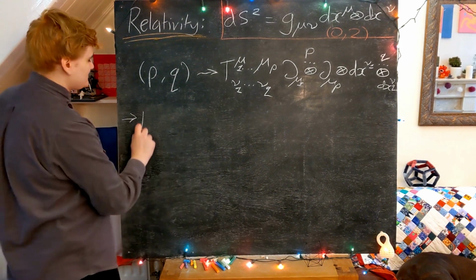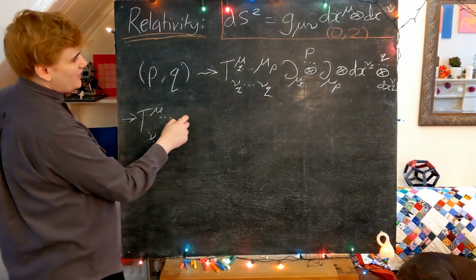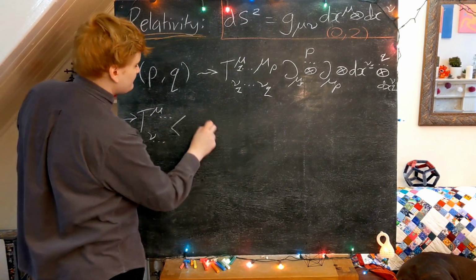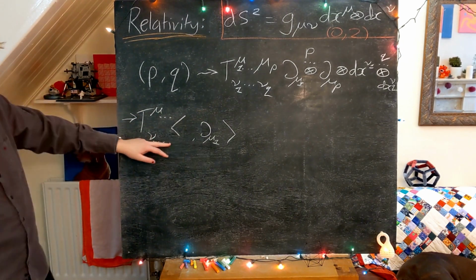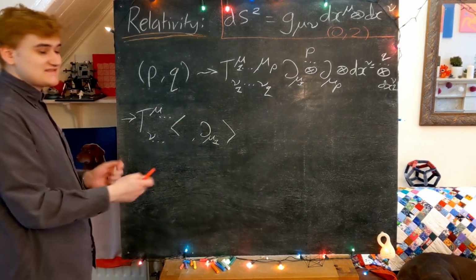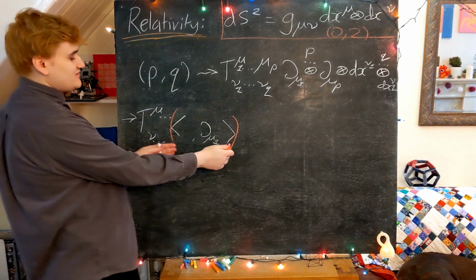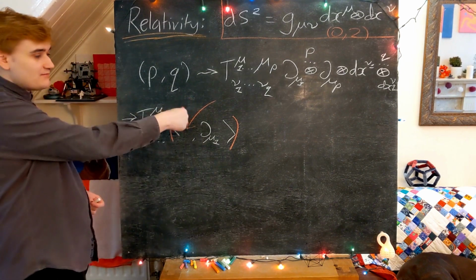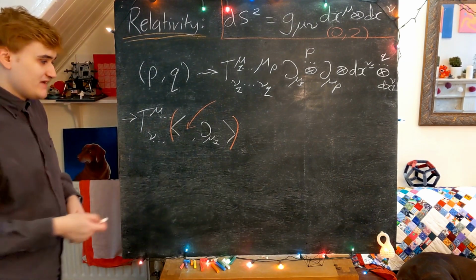So I'll just rewrite this. We have our components, and then we introduce our basis, and now we express the basis using our angled bracket notation. This first object which I've written here is simply this basis vector, but I'm making it explicit that this whole object, written in the red brackets, is a single object. It's waiting for some kind of input into this slot here, which is going to be one of our one-form bases.